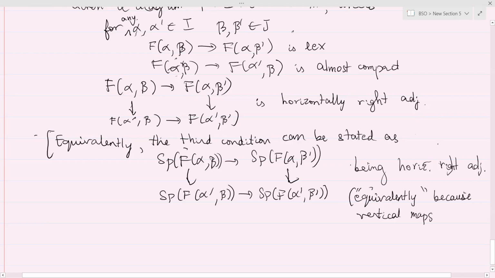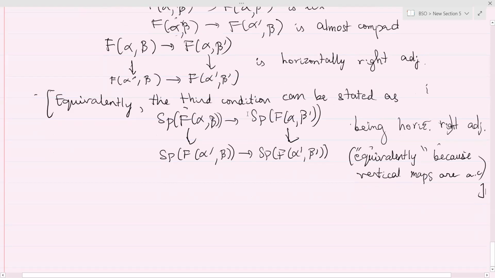No. Vertical maps are almost compact. Tell me if I'm stating this wrong, but it follows either because the vertical ones are almost compact or the horizontal ones are left exact.